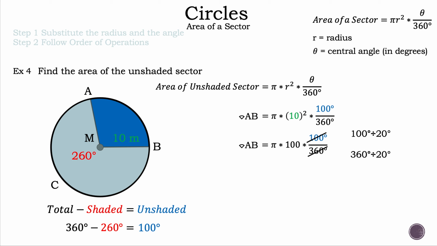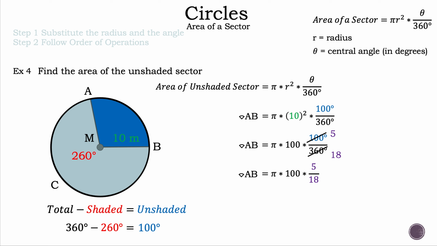Now, if you don't realize that, you can always pick a smaller one and do another step or two until you pick the biggest factor. So now we're going to do 100 degrees divided by 20 degrees, and that is 5. And we're going to do 360 degrees divided by 20 degrees, and that is 18.